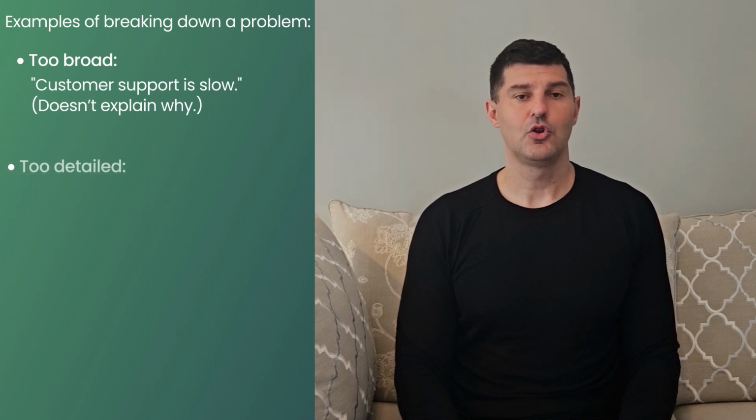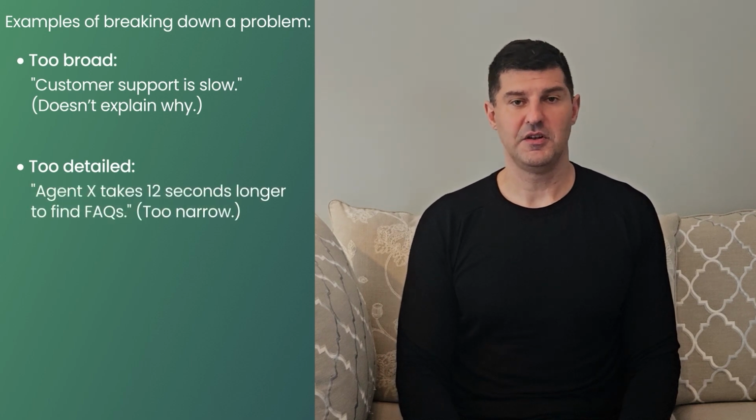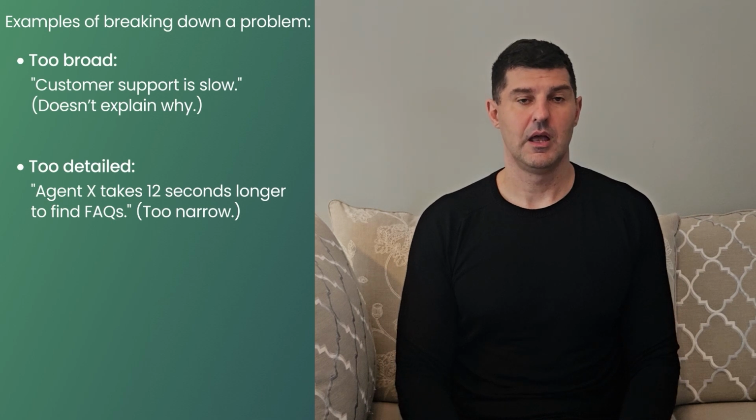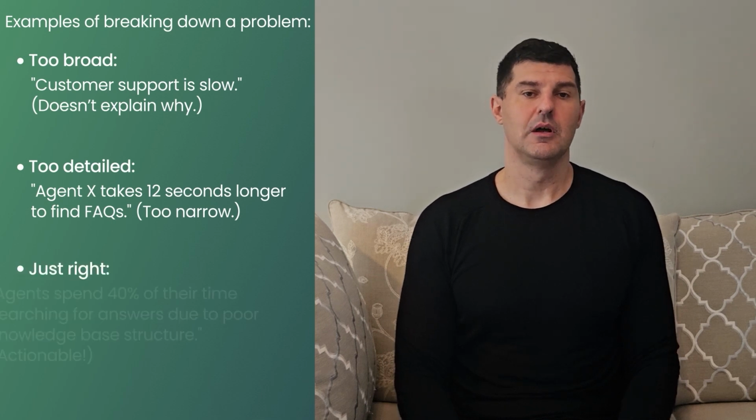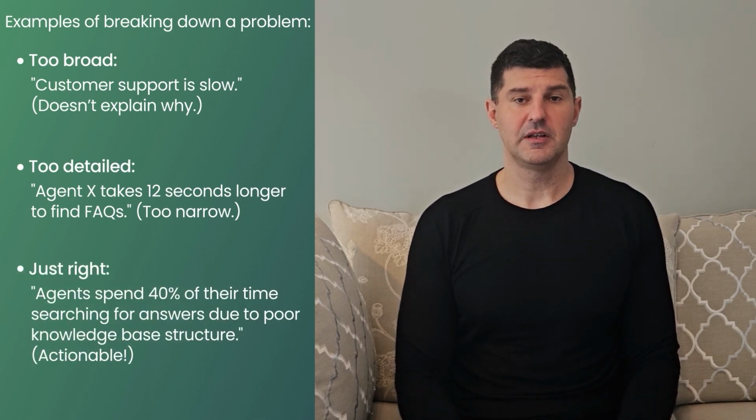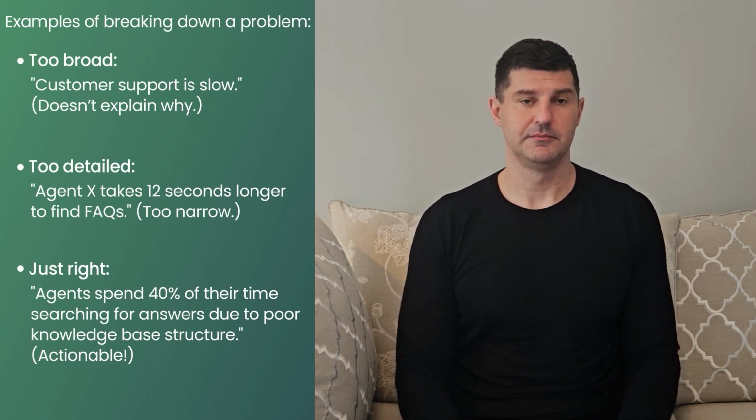On the other hand, too detailed description could be, Agent X takes 12 seconds longer to find FAQs. This is way too narrow. And the just right example would be, agents spend 40% of their time searching for answers due to poor knowledge base structure. That's very actionable.